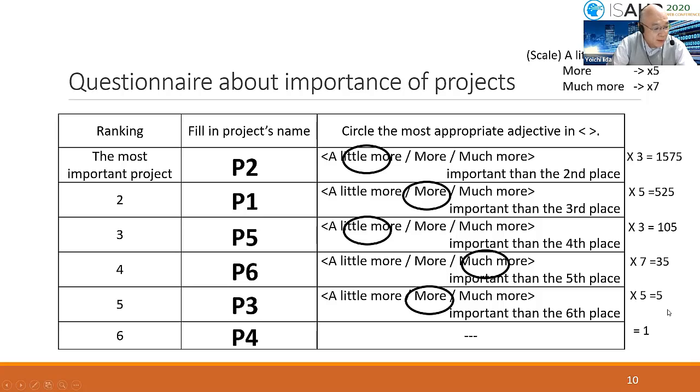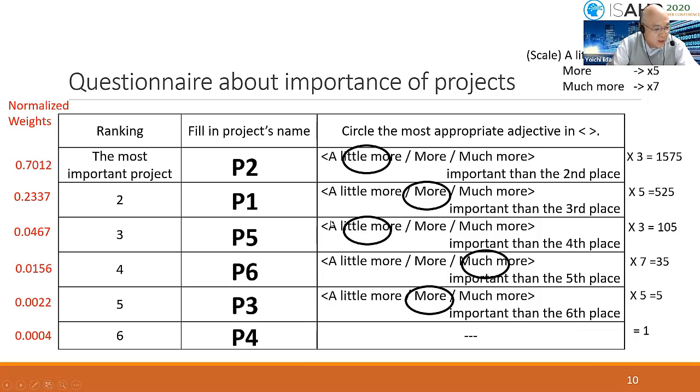For example, when a member selected more, the value was multiplied by 5. Base is 1 times 5 equals 5, and so on.